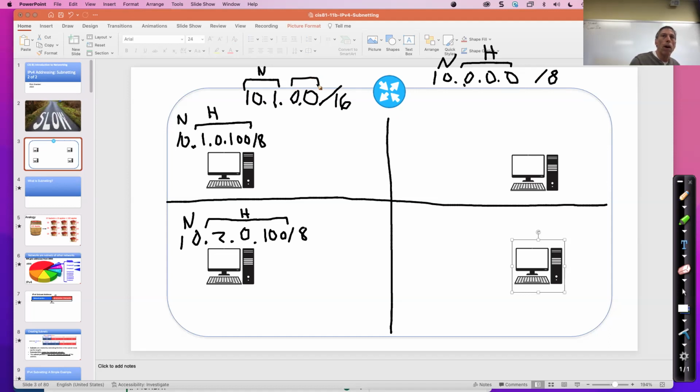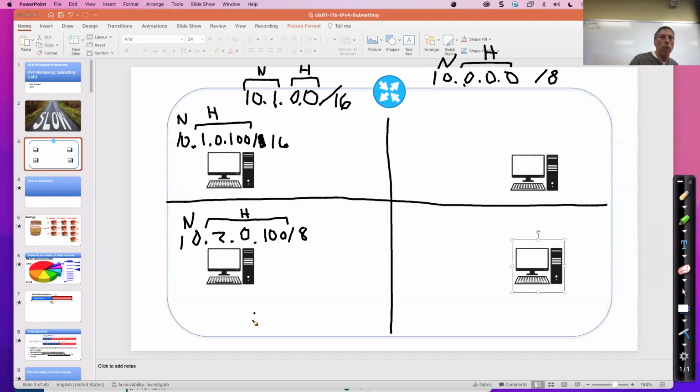So the number of hosts you can see is less. We have only 16 bits for the host, or 65,000 plus hosts. But everything in this part of our network must begin with 10.1. So yes, we'd have to change this mask here to be a /16.